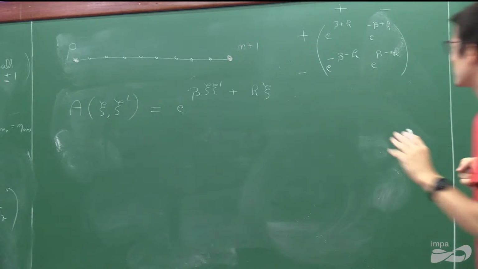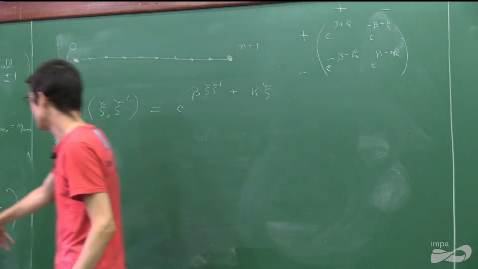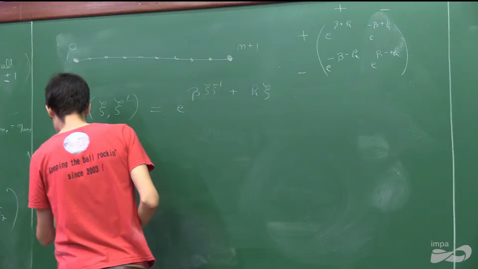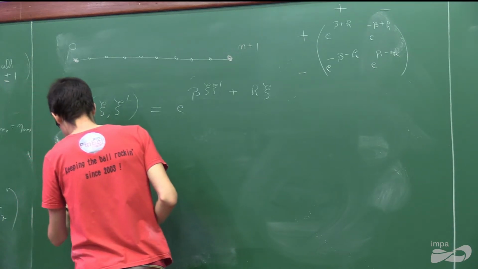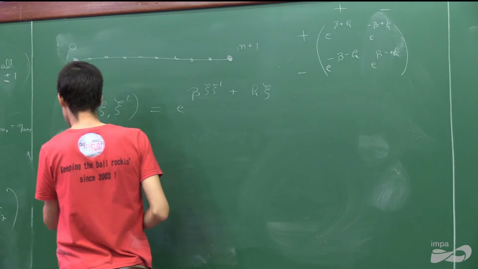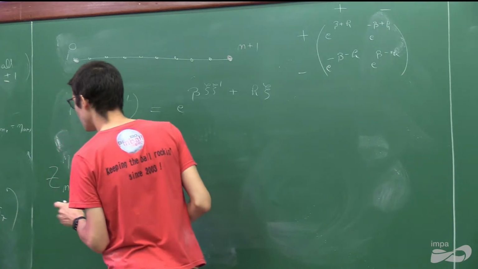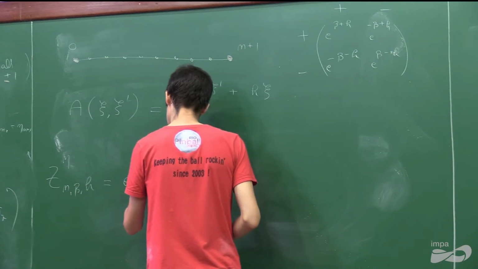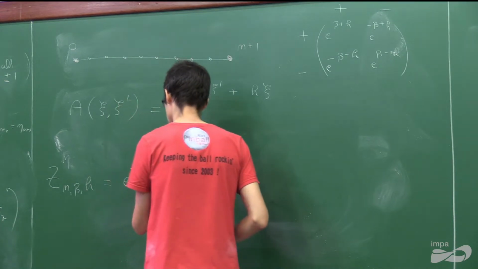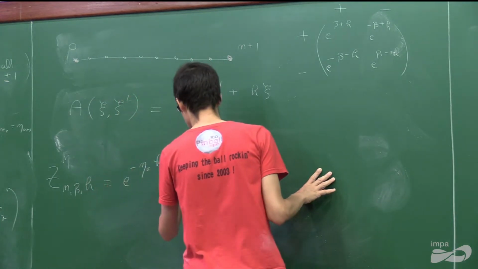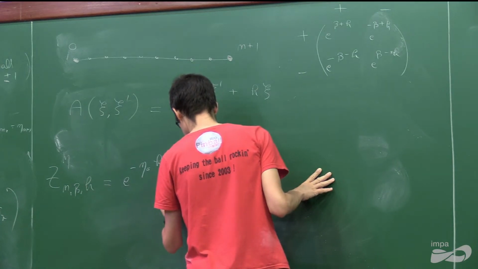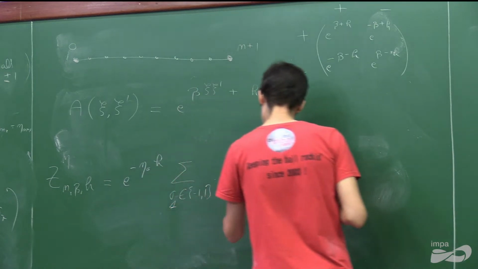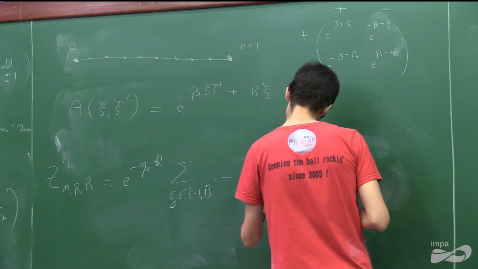Okay, so why am I introducing this matrix? It's just that this is just A sigma x, sigma x plus 1. So what we have is that Z n beta h is equal to exponential minus sigma 0 h times the sum over sigma 0 in minus 1, 1, sigma 1, the sum over sigma n in minus 1, 1.